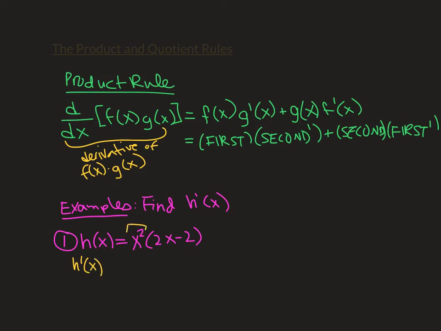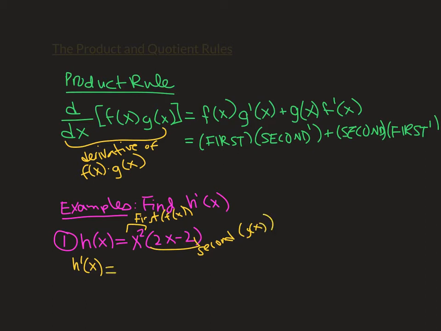This thing right here, x squared, I'm going to call that my first, or based on the formula above, your f of x. This thing right here, the 2x minus 2, this is my second thing, or if you want, you can call that your g of x.